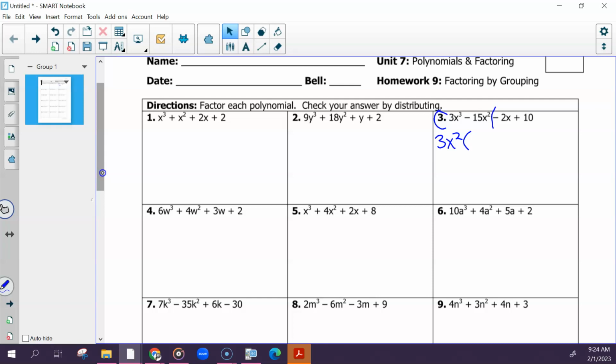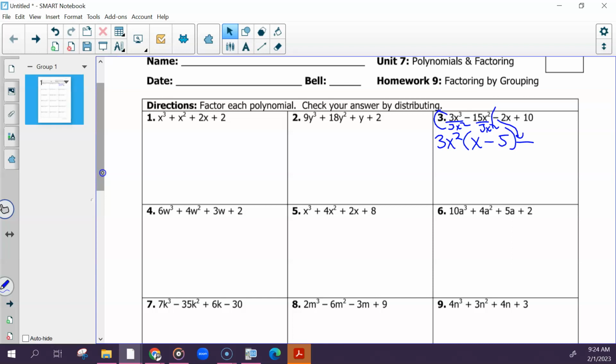What's left? Minus 5, correct. And then bring down the minus.